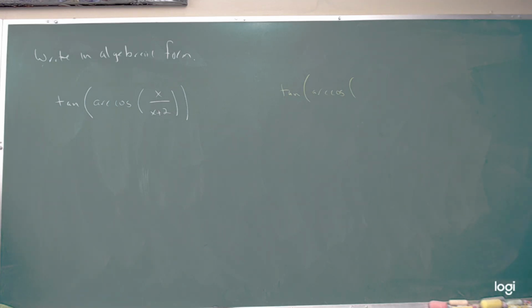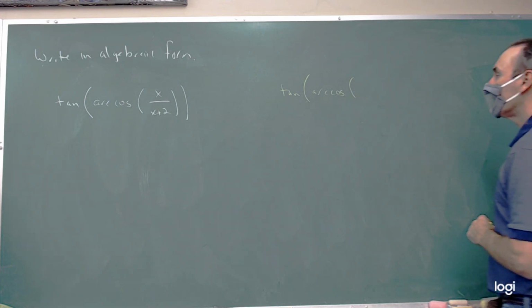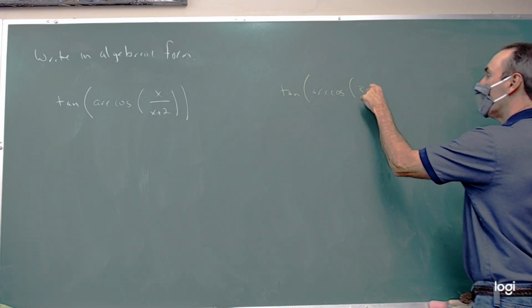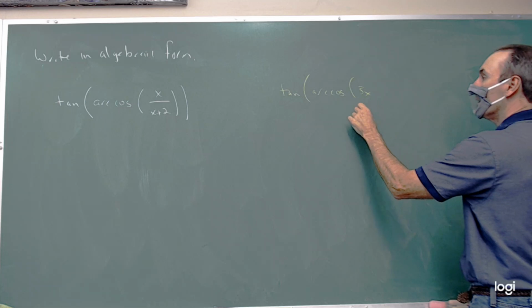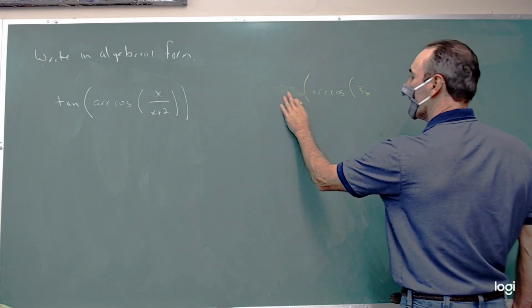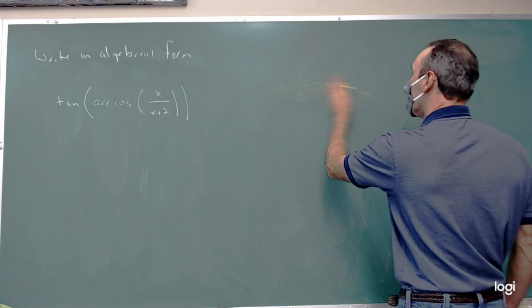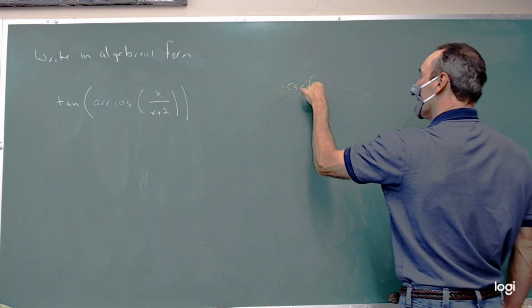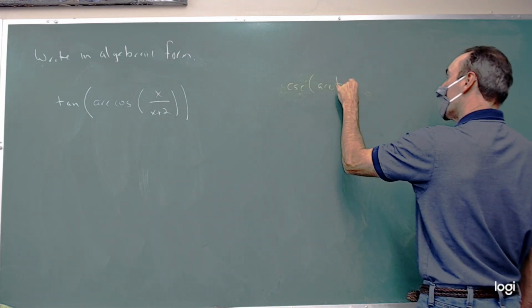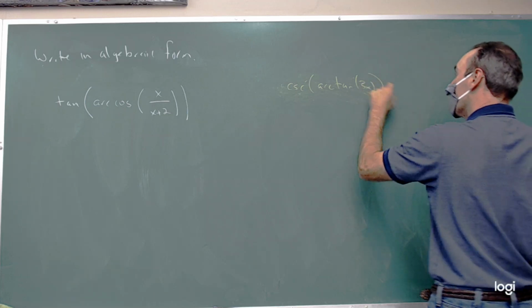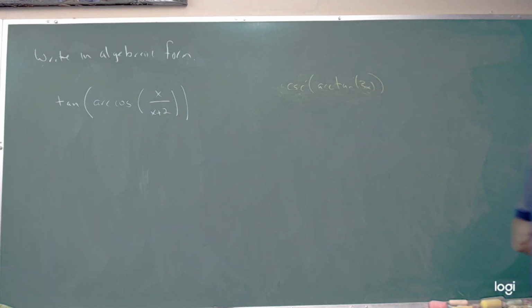What did I say that was? Cosecant of arctangent of 3x? Oh, we did do that one.